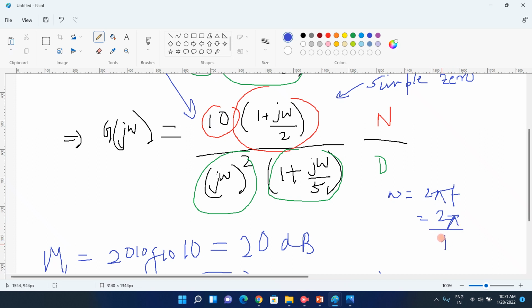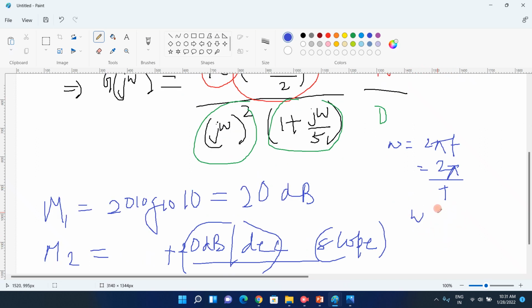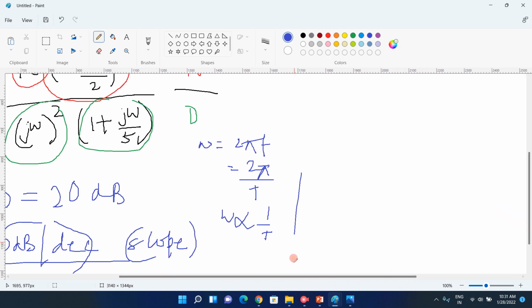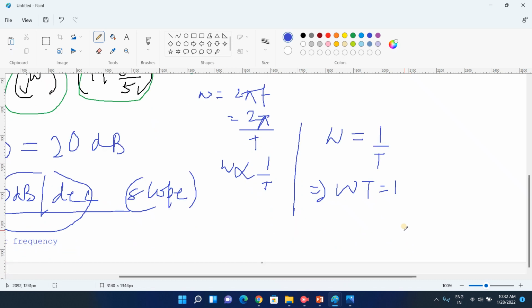2 pi f. 2 pi f means 2 pi by T. Generally, omega is inversely proportional to T. We all know. That is why we will write omega equals 1 by T, which means that omega T equals 1. Okay.